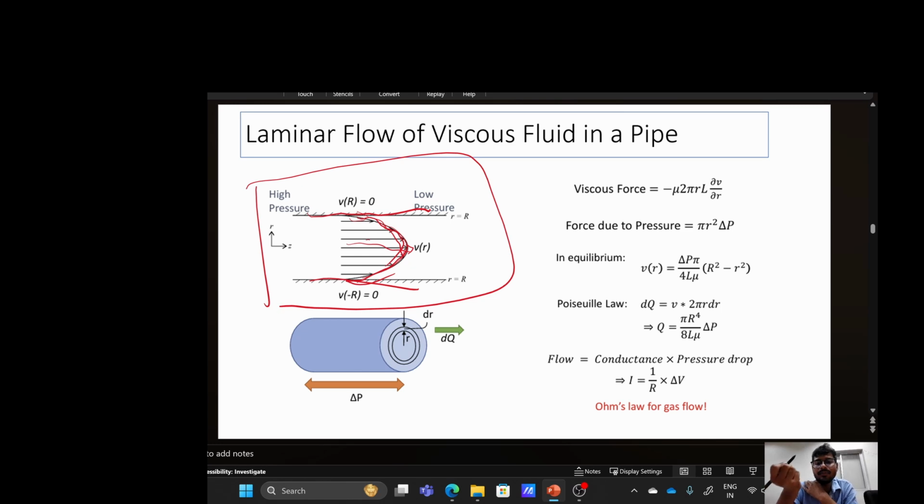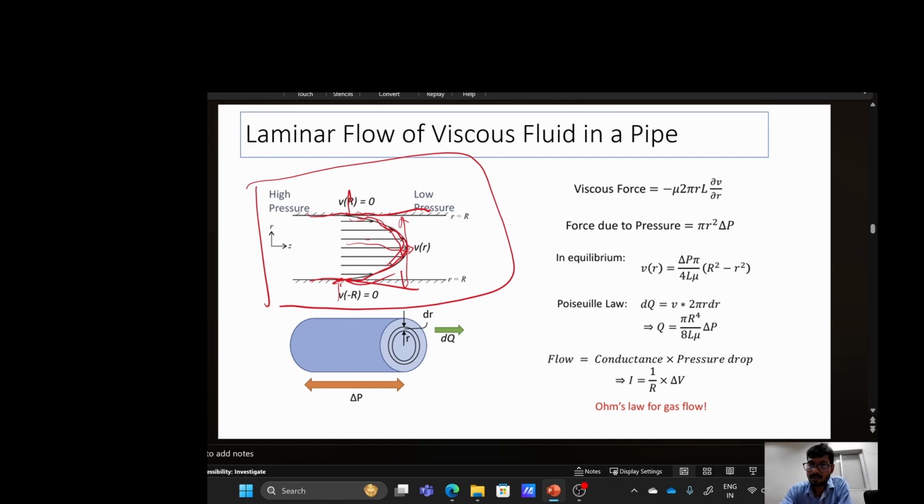At the center of the pipe, the velocity is highest, and as we go from the center towards the walls, the velocity reduces, and at the wall the velocity is 0. So we are assuming a no slip condition.